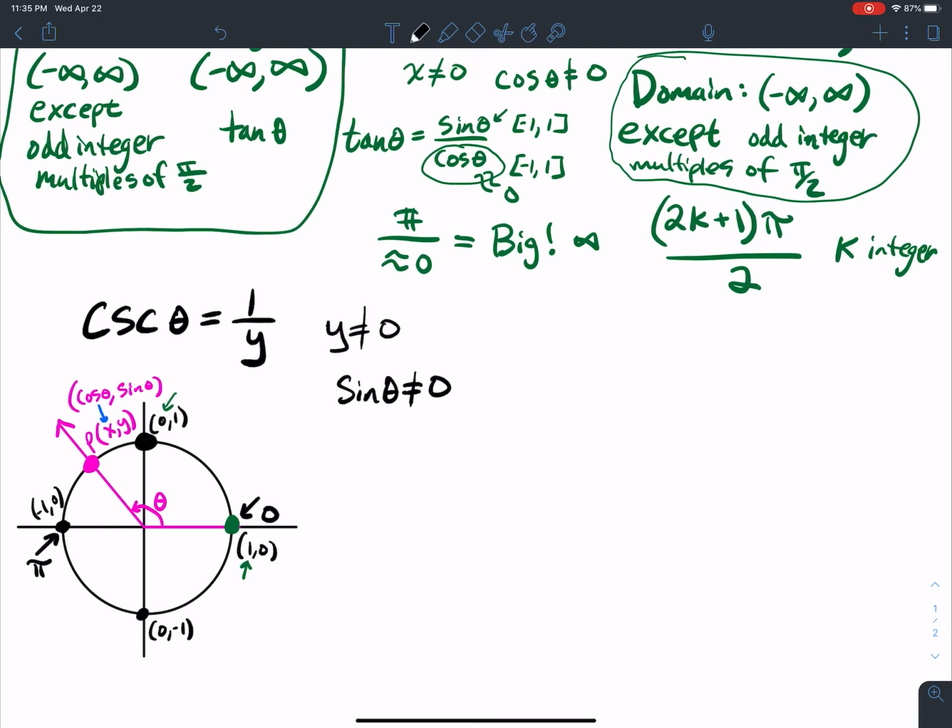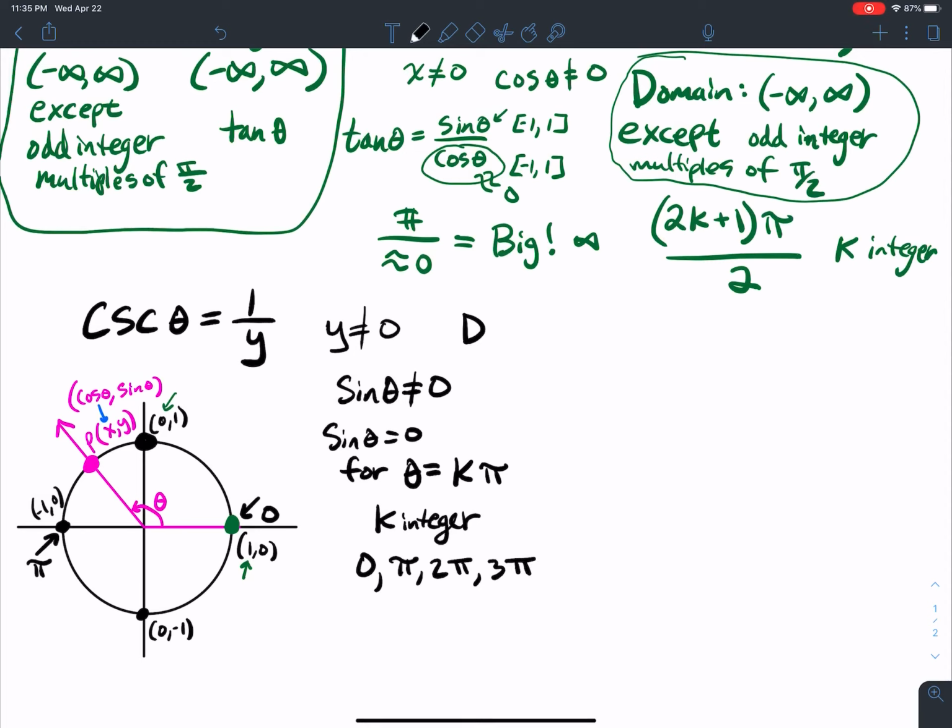So for the cosecant, the domain, so sine of theta is equal to 0 for theta equal to some k multiplied by pi, where k is an integer. Okay, so like, 0, k equal to 0 is an integer, pi, 2 pi, 3 pi, so on.